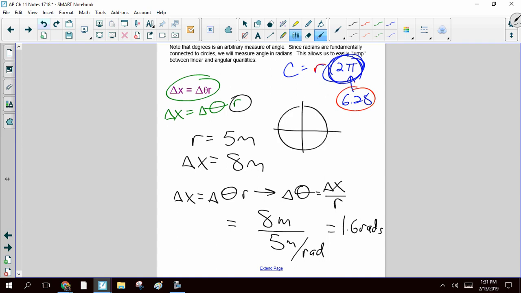Here's my circle. It's got a radius of 5. So if I go 5, that's 1 radian, plus a little bit more, 1.6. So there's 5 plus 3: 1 radian, 0.6 radians. Okay, so there you go.